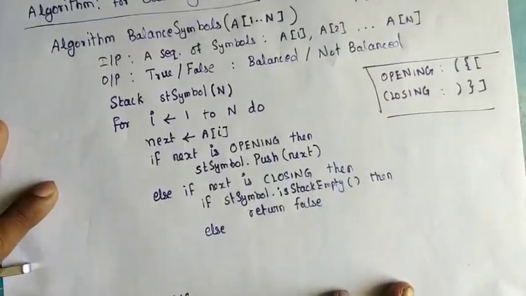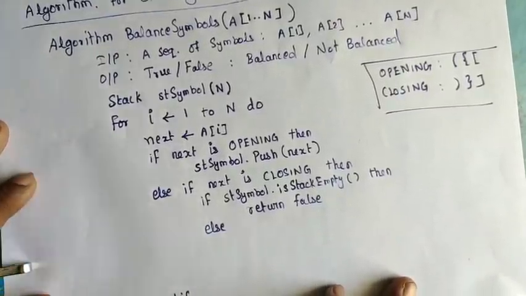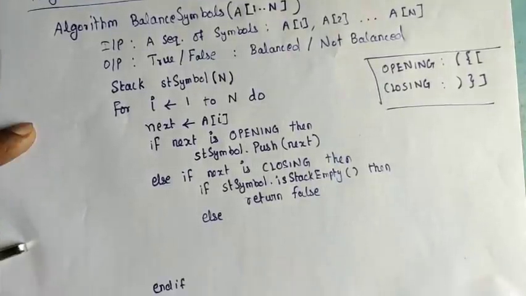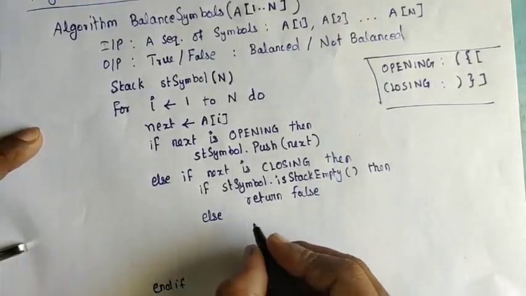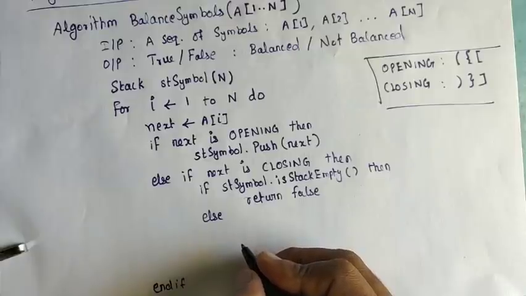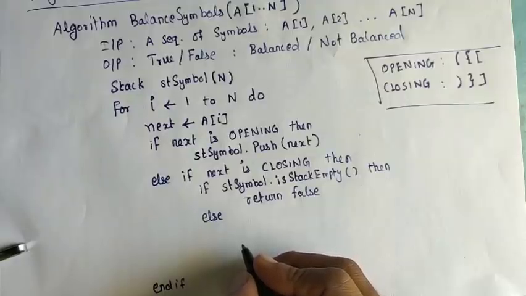what I have to do here is, if the stack is not empty, I just need to pop one symbol from that stack. It means the recently inserted element in the stack, we have to check whether it is the corresponding opening symbol or not.